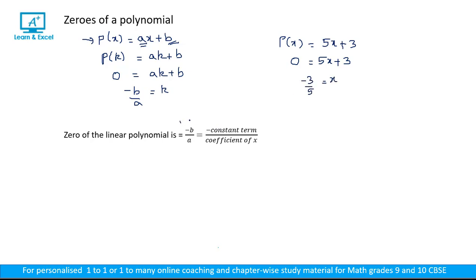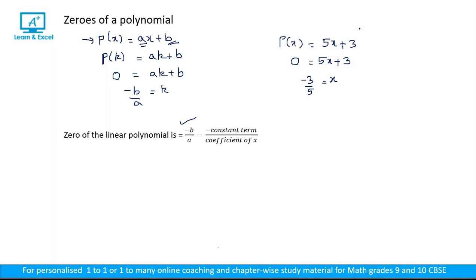Or if we remember the formula, we can write minus b by a, that is we write the minus sign and we write the constant term 3 and we write the coefficient of x, 5, in the denominator. So the zero of the linear polynomial will be minus 3 by 5. We can either solve the equation or we can remember this formula and find the zero of the linear polynomial.